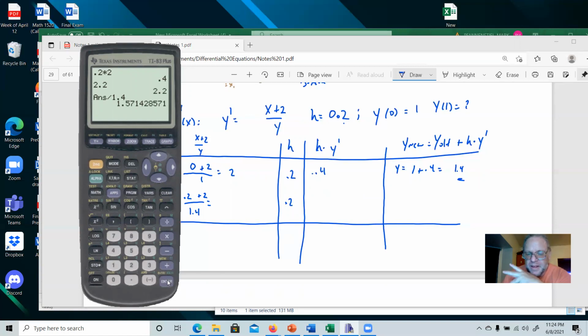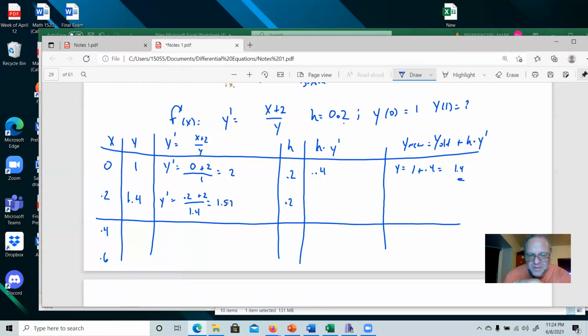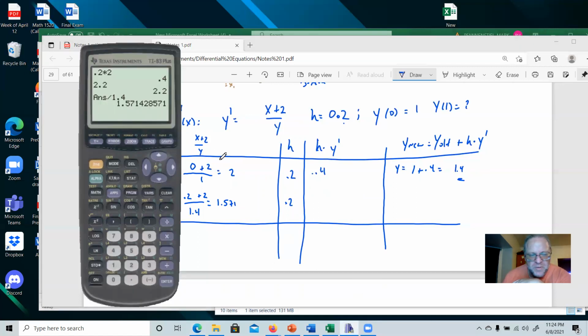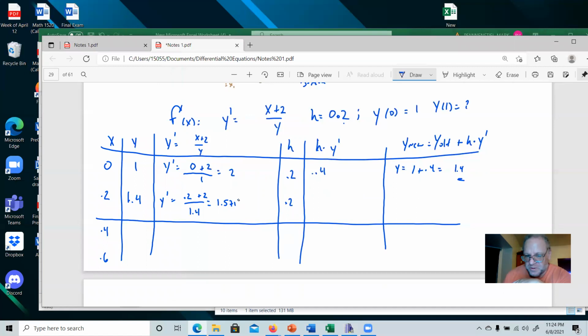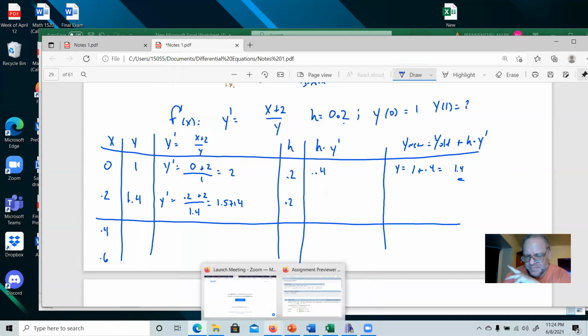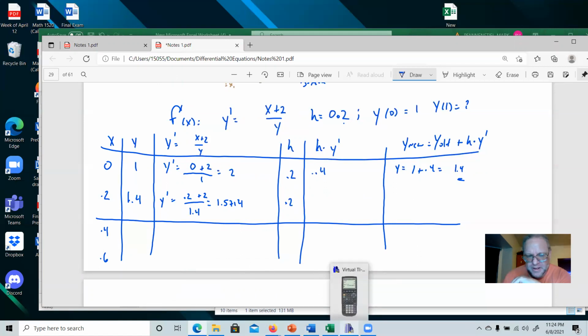Okay, and then we're going to multiply this. So this was 1.5714. They'll tell you as well how many decimal places to go to. I'm going to go to 4 for the sake of argument, but they'll probably tell you. I think most of the time I have people go to 6, but this is fine.